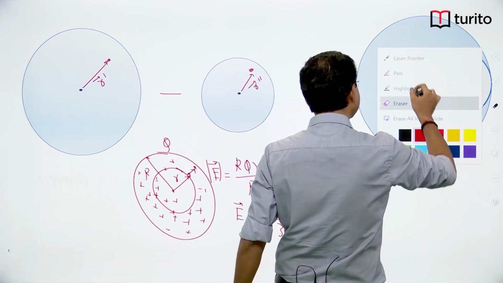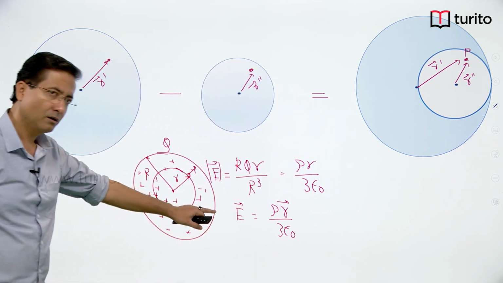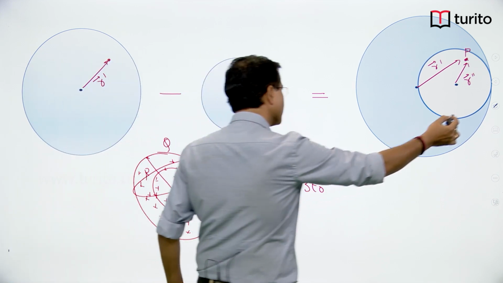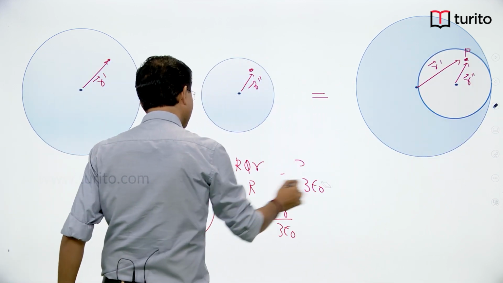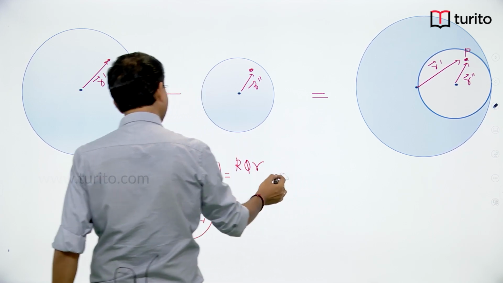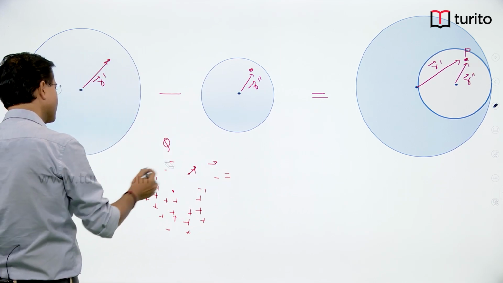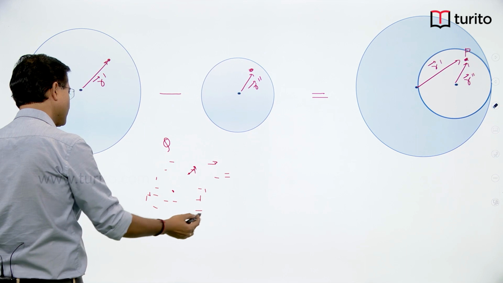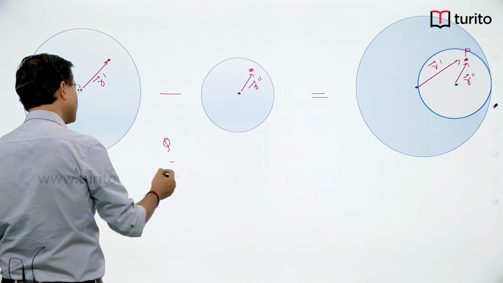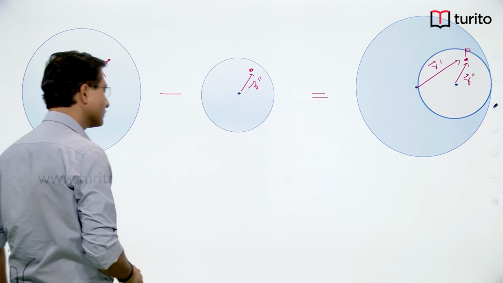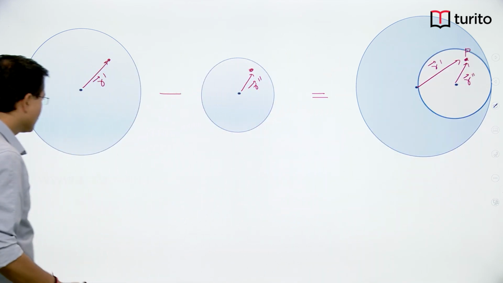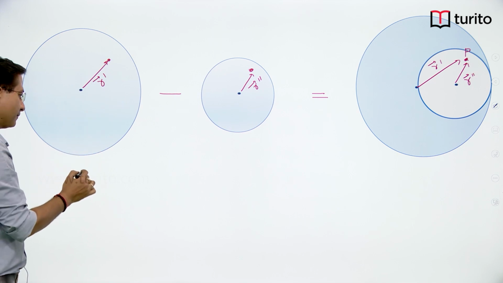So, let us use rho r upon 3 epsilon naught. Let us call the field E prime.